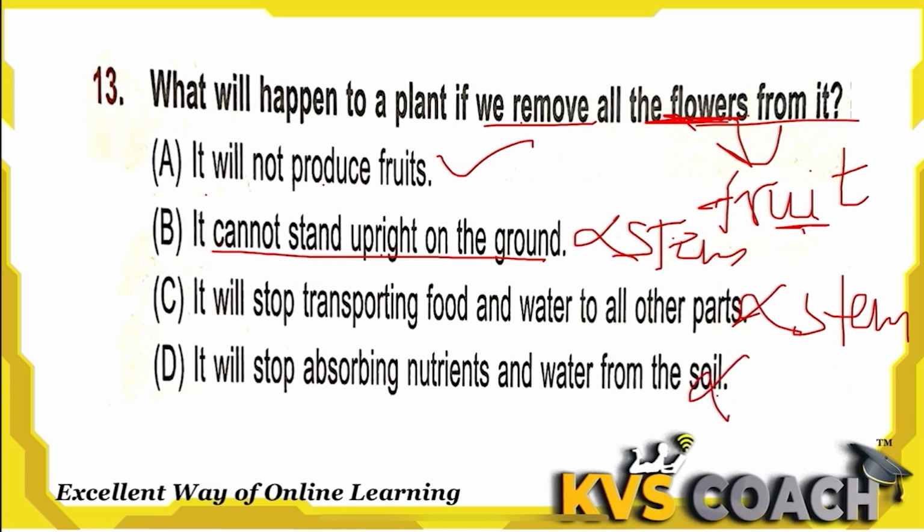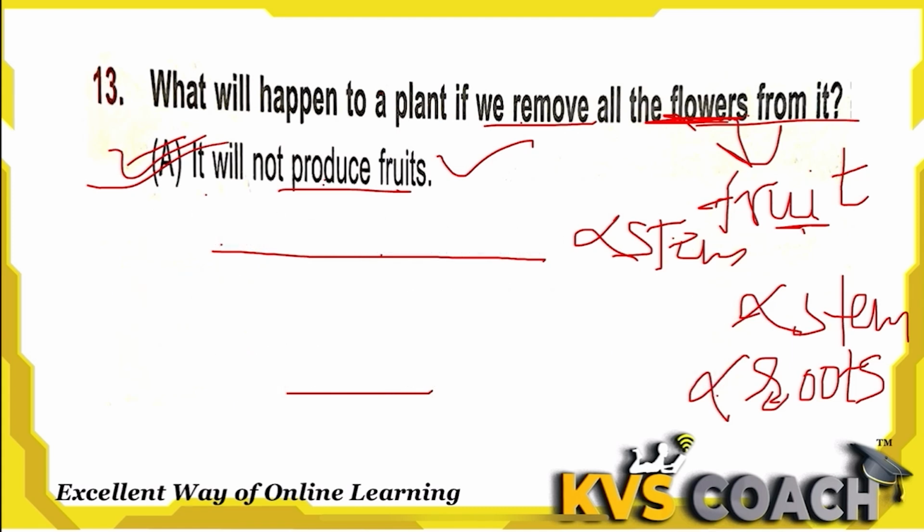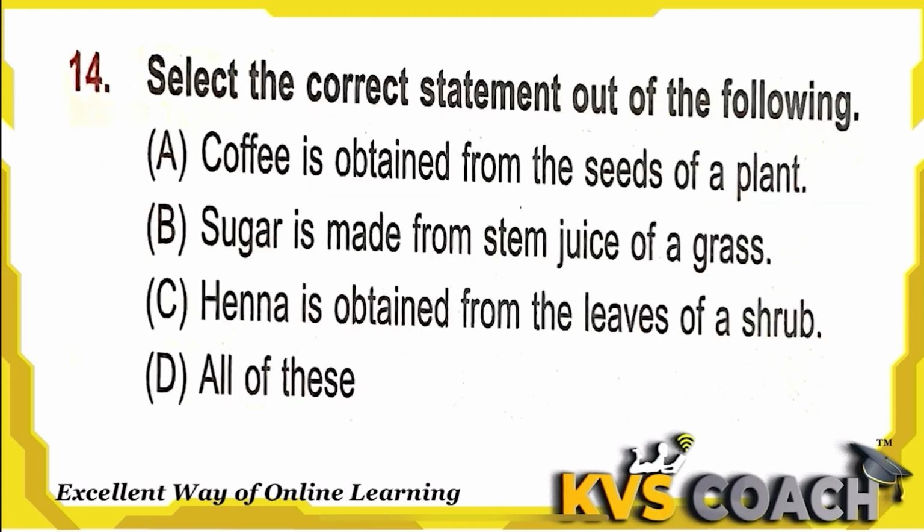This is also wrong, because this is the role of the roots, not flowers. So flowers only produce fruit. This is the right answer. If we don't have flowers in a plant, it cannot produce fruits. Next question is, select the correct statement out of the following.